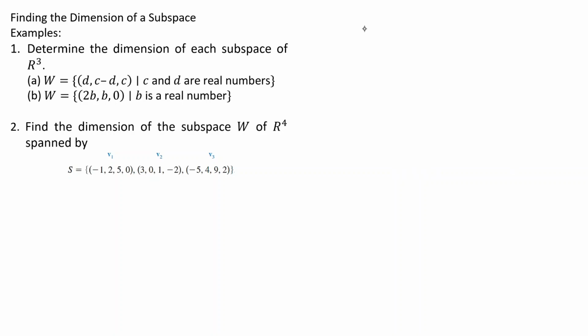To do this, we need to solve for C sub 1, C sub 2, C sub 3 in the equation C1 V1 plus C2 V2 plus C3 V3 equals the zero vector. Okay, so these are vectors.